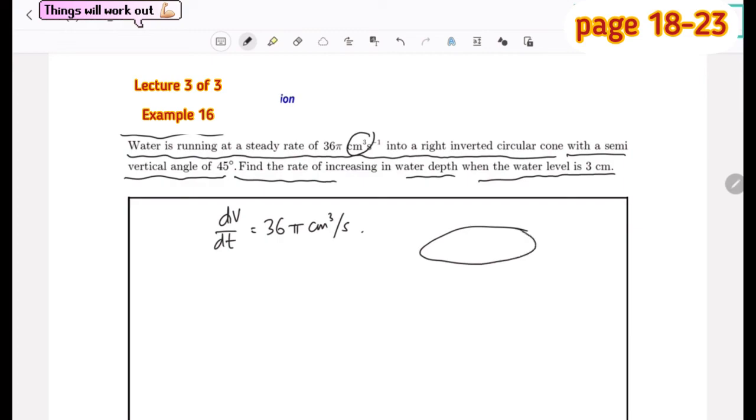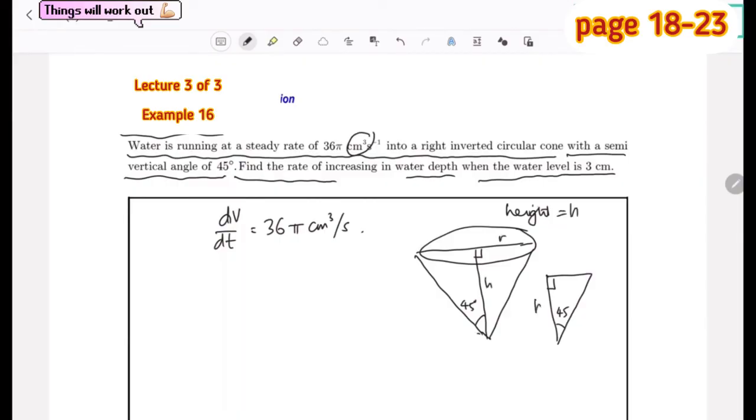So we have a semi-vertical angle of a right inverted circular cone. Let's try to sketch. This is your cone, and this is your 45. Let's take out the triangle. This is 45. Let the height be h, and this is your radius.